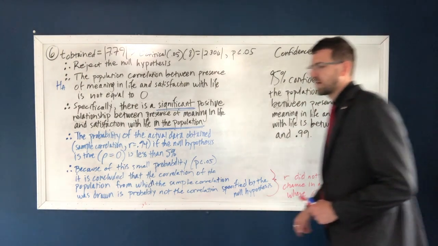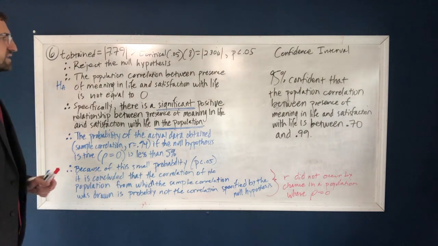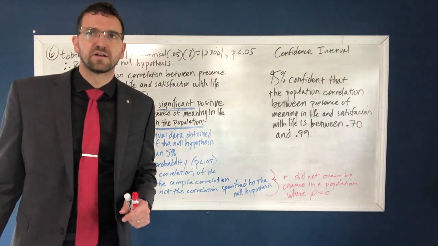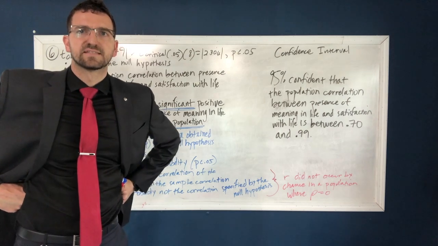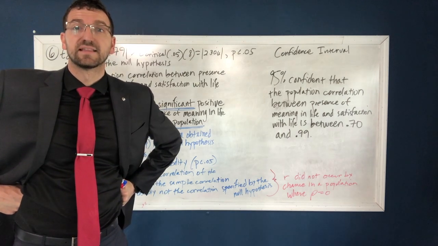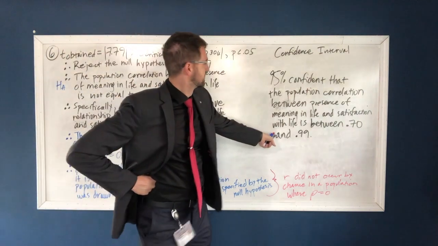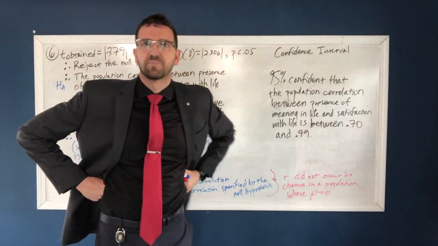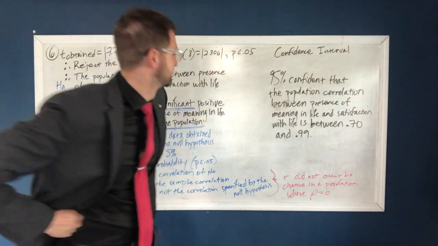So something to point out about the confidence interval is go back to the null and alternative hypothesis. The null hypothesis is saying the population correlation may be 0. Well, according to our confidence interval, can our population correlation be 0?